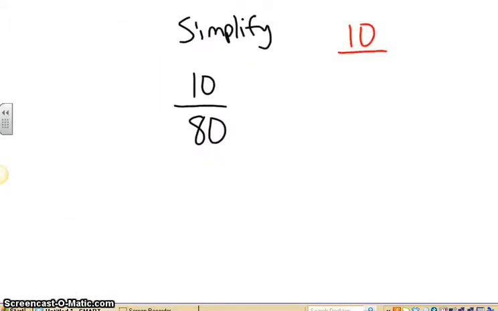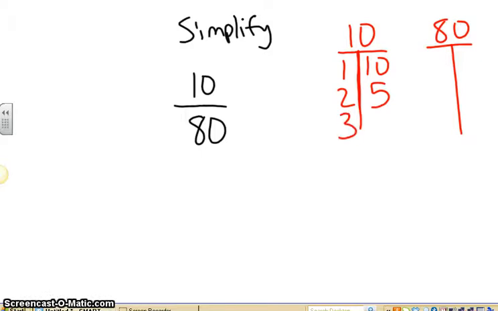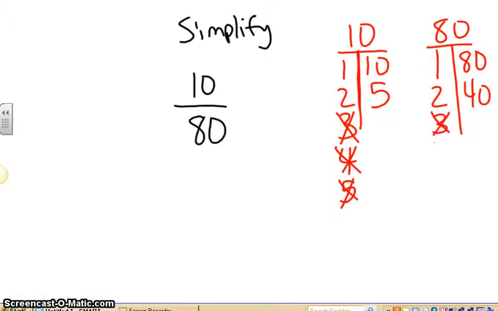So I make my t-chart for 10, and I make my t-chart for 80. 10 is 1 and 10, 2 and 5, 3 and nothing, 4 and nothing, and we stop at 5 because the table repeats. 80 is 1 and 80, 2 and 40, 3 and nothing, 4 and 20, 5 and 16.